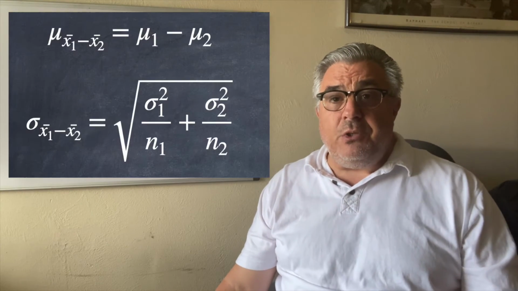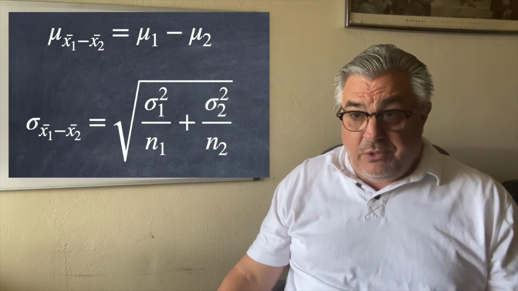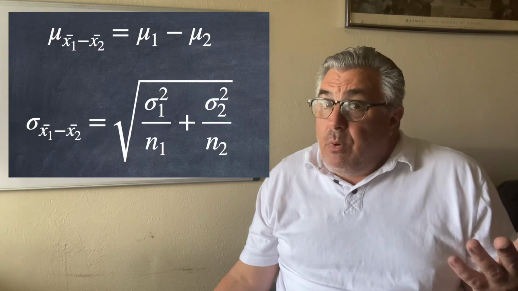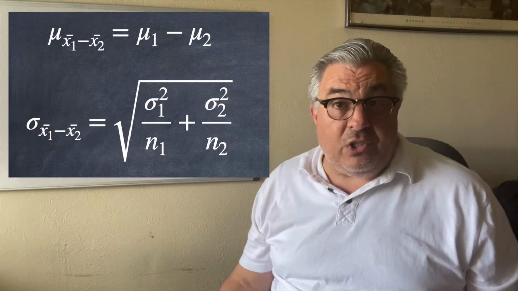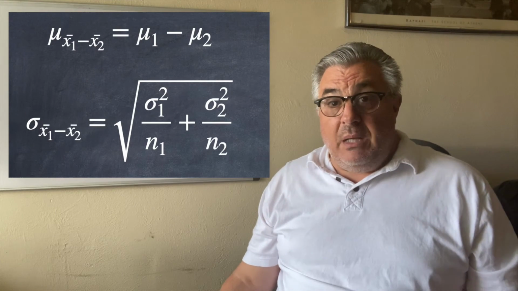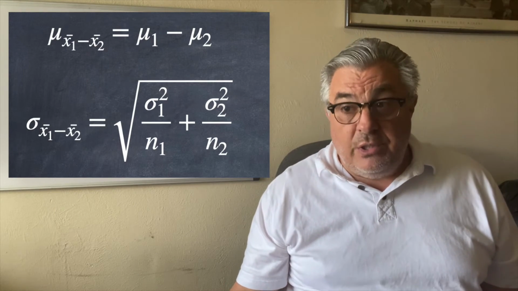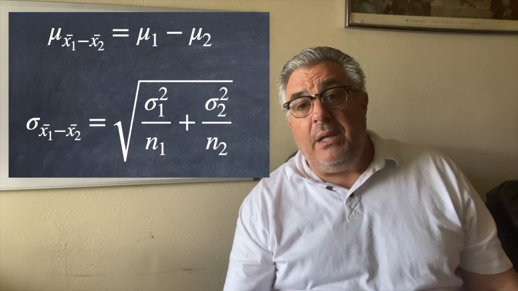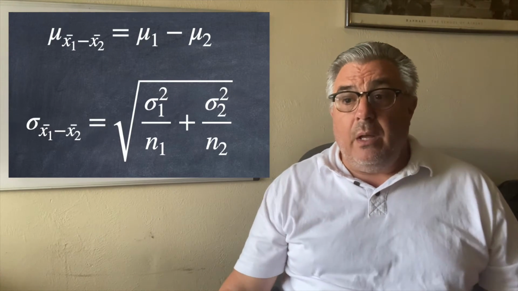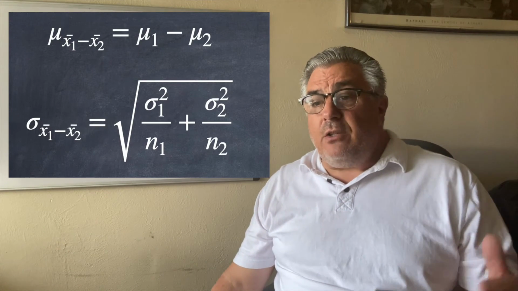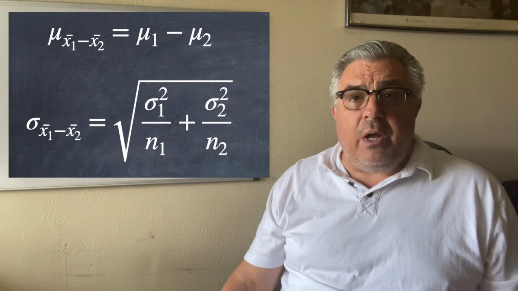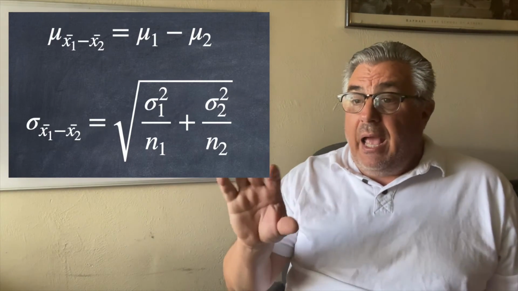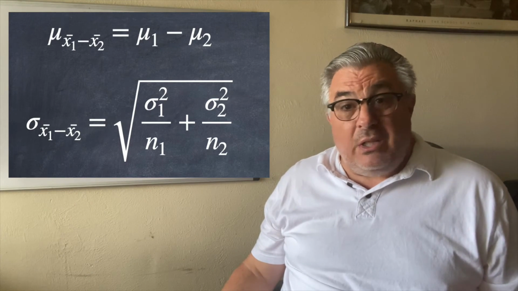The mean is denoted as mu sub x bar 1 minus x bar 2, and using common sense again, we would think that maybe it's just the difference in their population means. And lo and behold, this is true. So the mean of the differences is mu1 minus mu2. The standard deviation is denoted as sigma sub x bar 1 minus x bar 2, and it's going to be a little bit different.